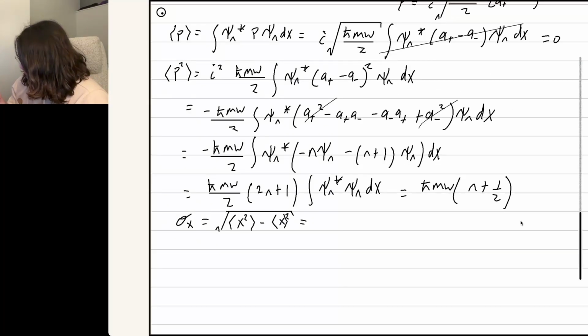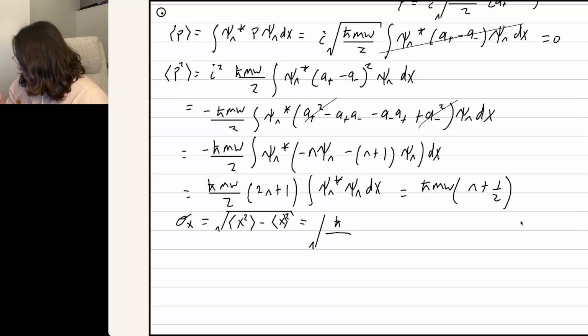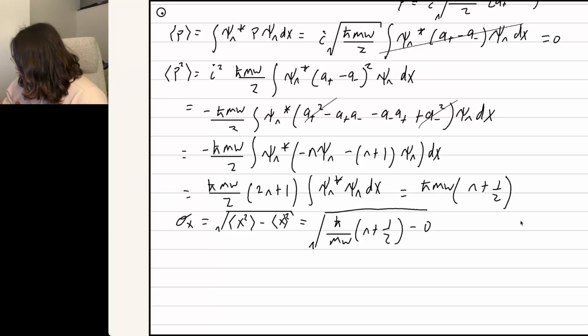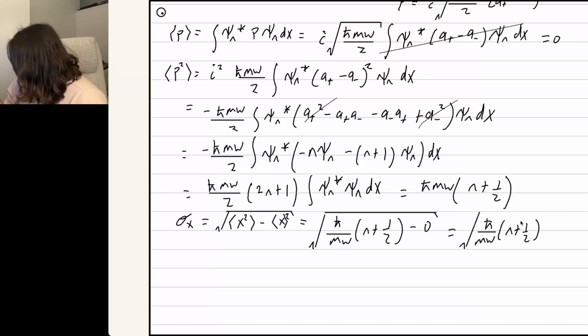It's going to be the square root of ħ over mω times (n plus 1/2) minus 0. So it's just root of ħ over mω times (n plus 1/2).